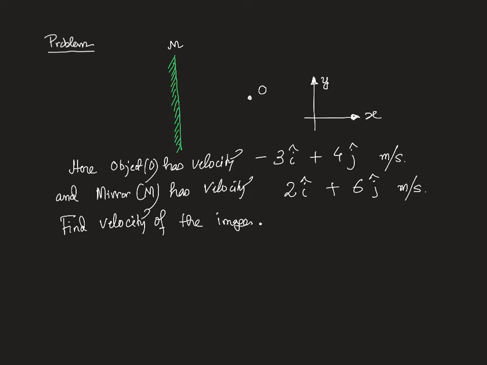The object has velocity minus 3 i cap plus 4 j cap. That means here in the diagram, the y axis is along the surface of the mirror. I should have mentioned that. Or the mirror surface is the yz plane.